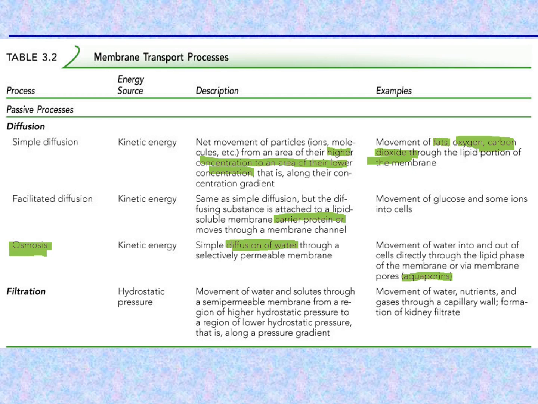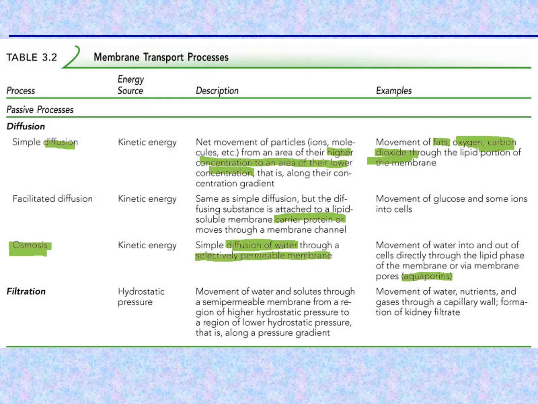So when we talk diffusion, we're talking about other types of molecules. When we talk diffusion of water, we're talking about osmosis. And again, when you think about it carefully, it is from higher concentration of water to lower concentration of water. And it's a movement of water across a selectively permeable membrane, which, of course, a phospholipid bilayer, the cell membrane, is.